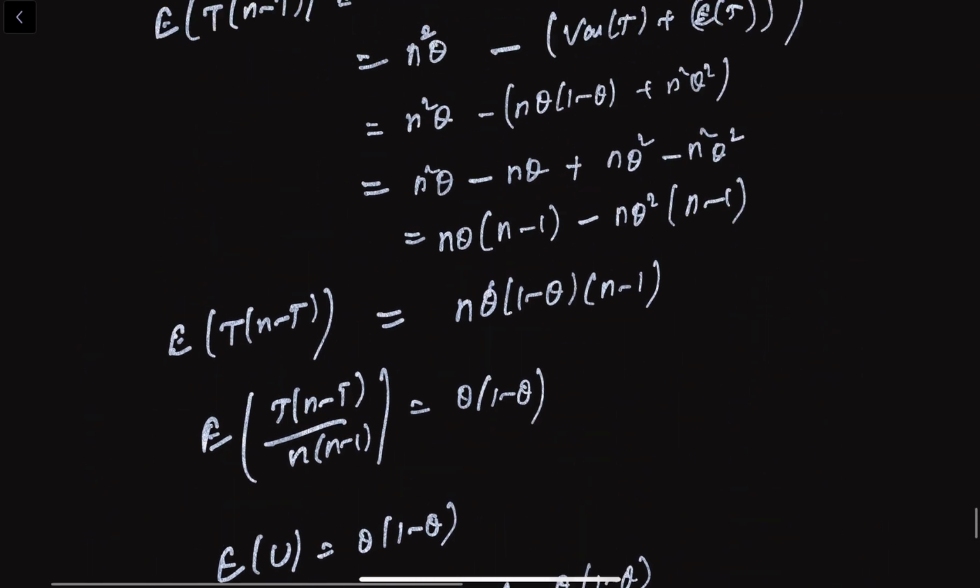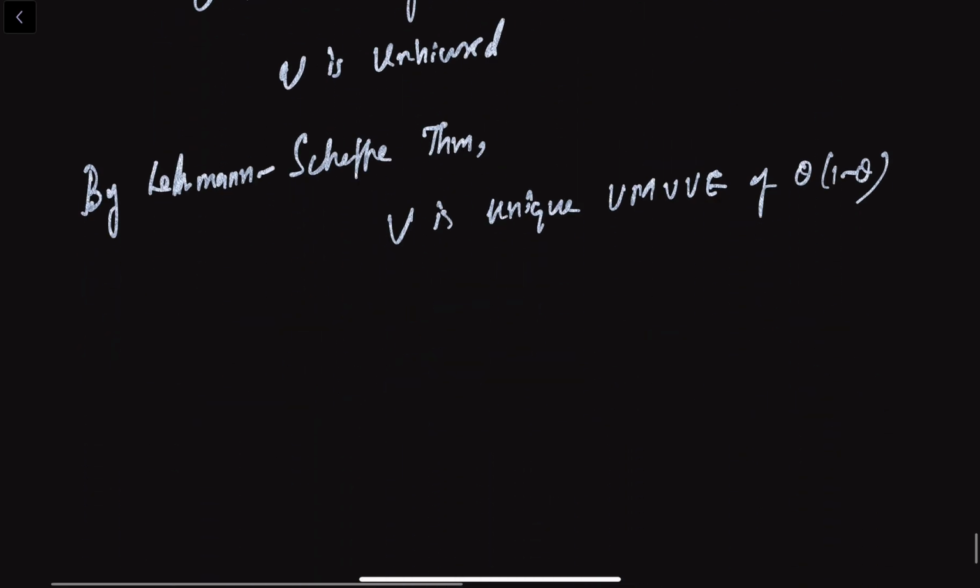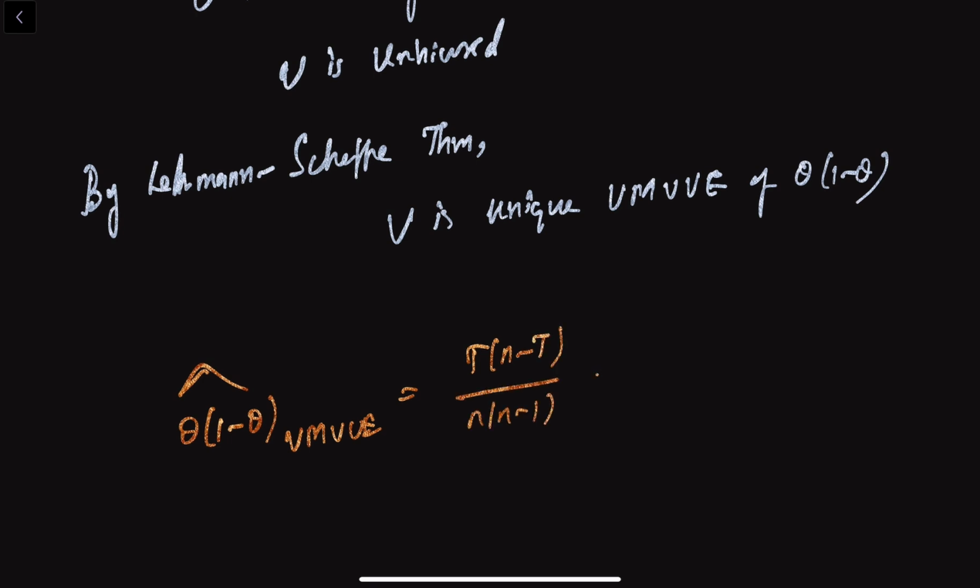Alternatively, we can express the same in another form. Our conclusion is T into n minus T by n into n minus 1.